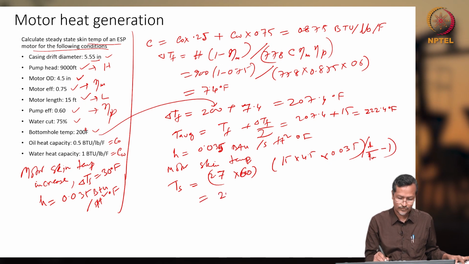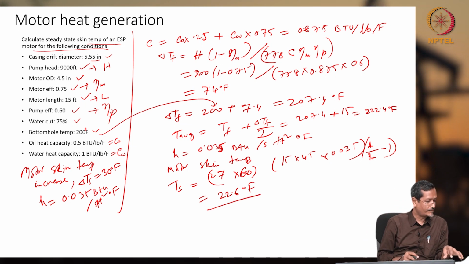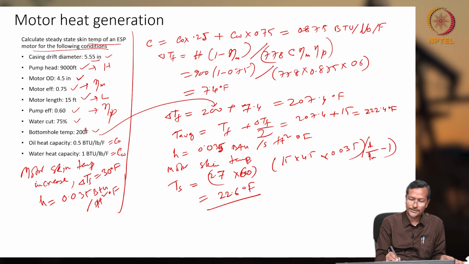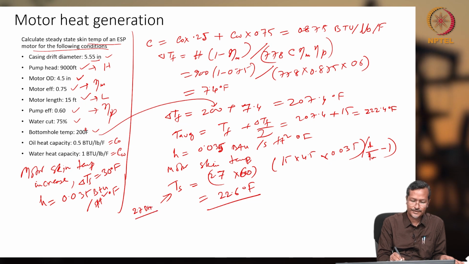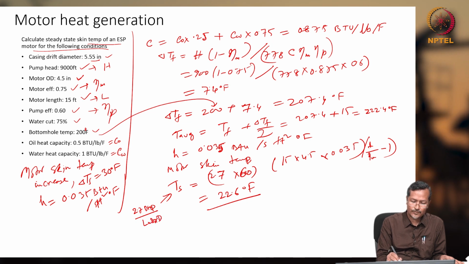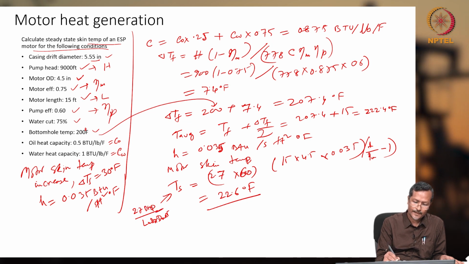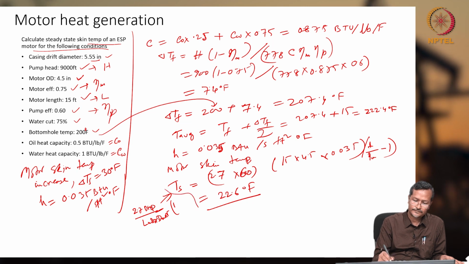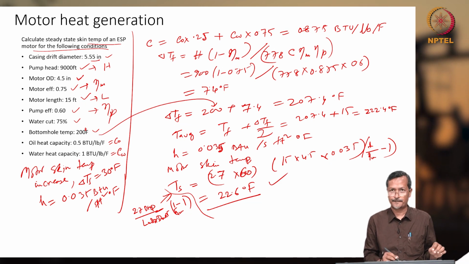So this will give 22.6 degree Fahrenheit. The formula is like this: 2.7 bhp divided by L motor, D motor, and h. So this 22.6 degree Fahrenheit temperature rise will be there.